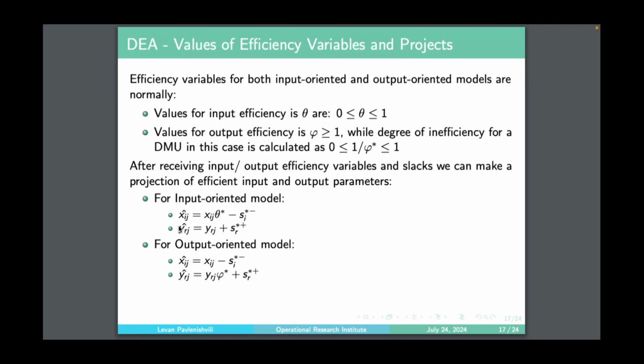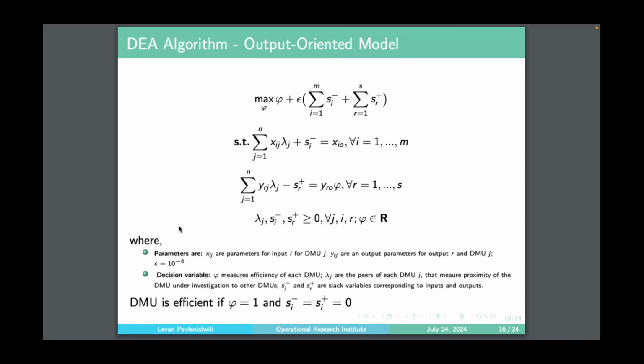Because I have this fixed unit here. With every linear programming problem, I'm trying to compare every other unit to this one unit, and figure out whether that one is efficient or not. Now, with values, theta will be between 0 and 1.